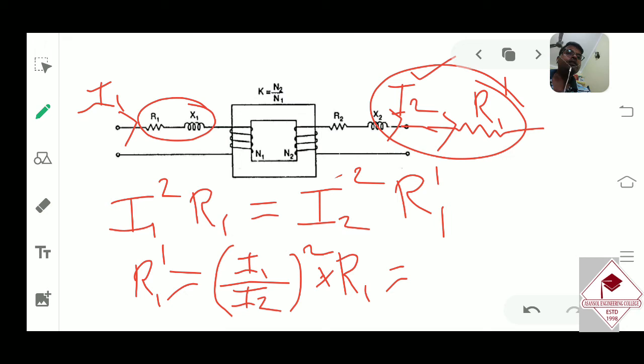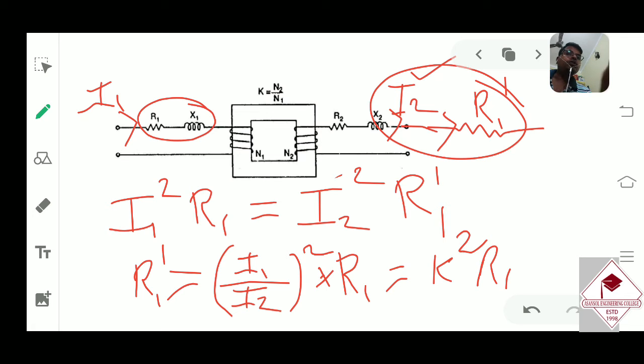What is this I1 by I2? This I1 by I2 is K, that is the transformation ratio or turns ratio. So we can write K square R1.